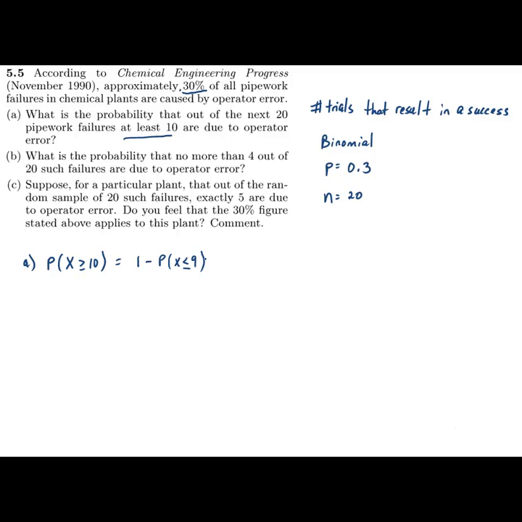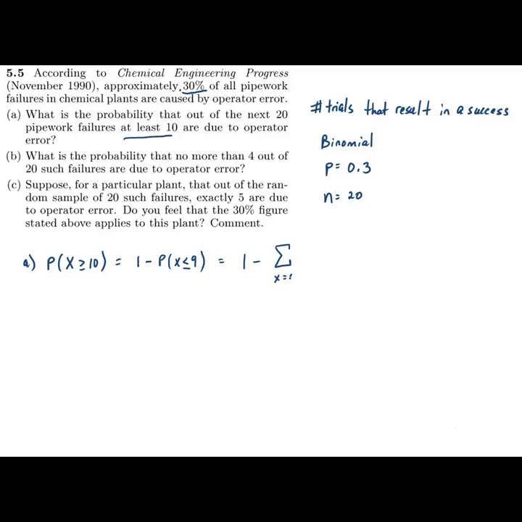Okay? So this is 1 minus the summation, because this is discrete, from X equals 0 or 1? 0.